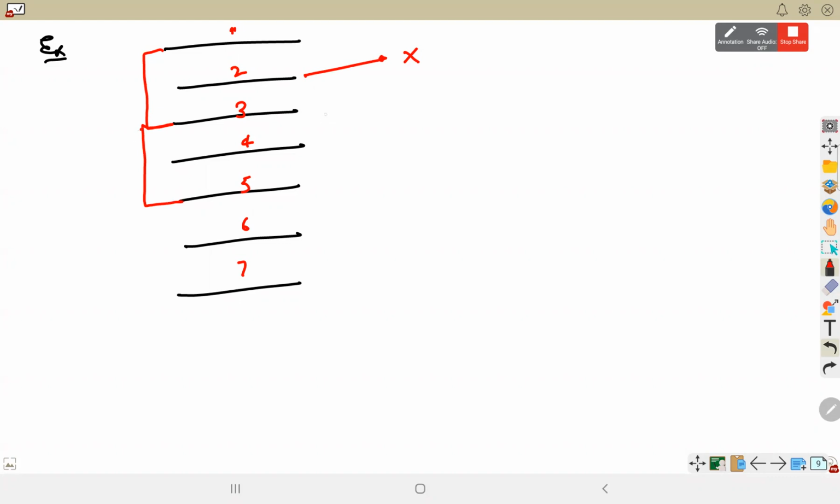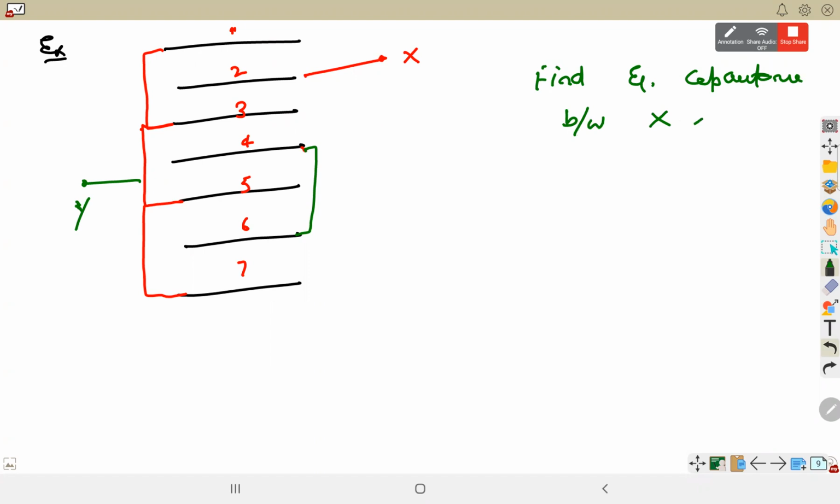And find equivalent capacitance between X and Y. Same, each plate has area A and distance between two is small d.